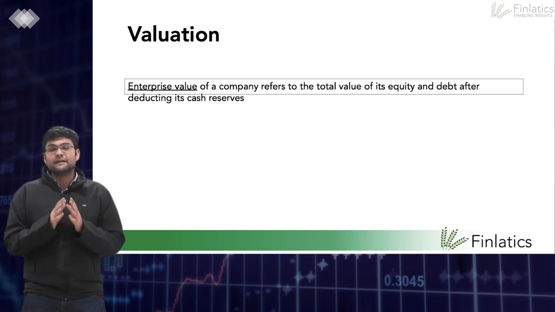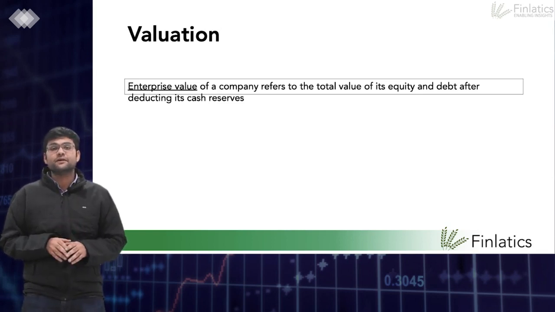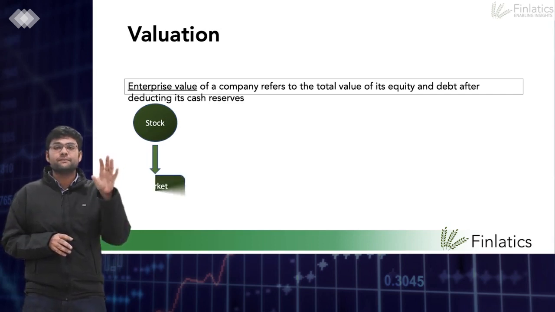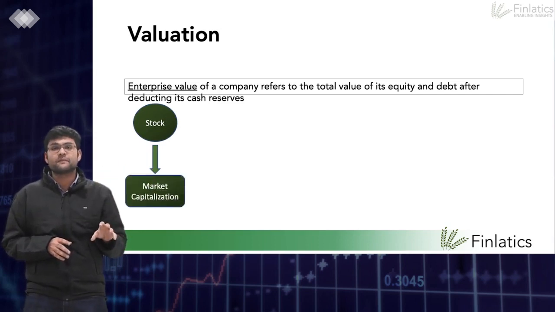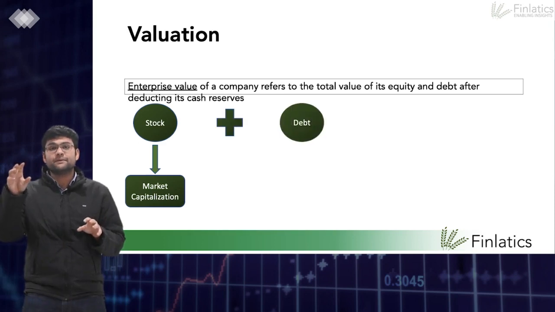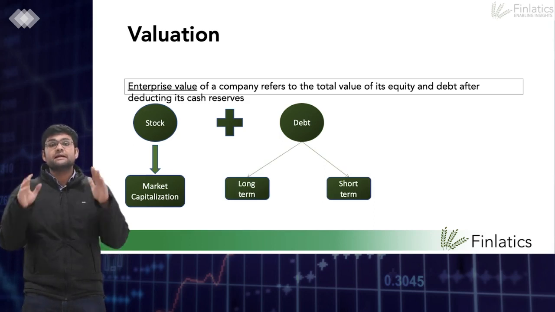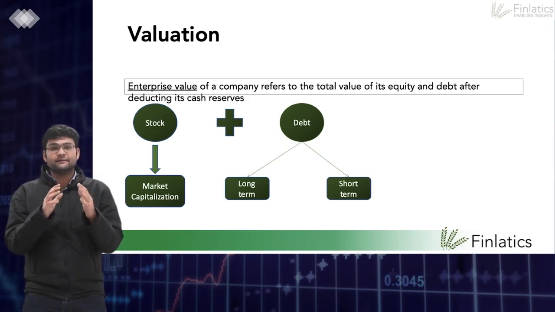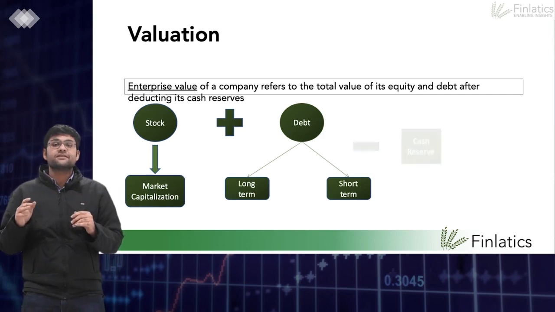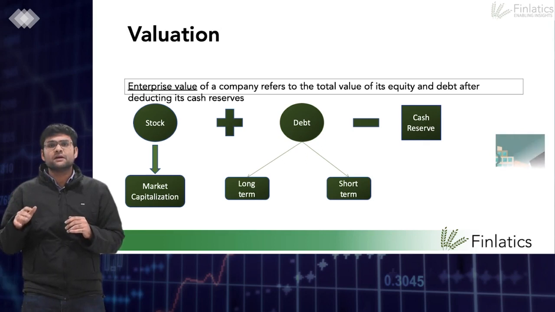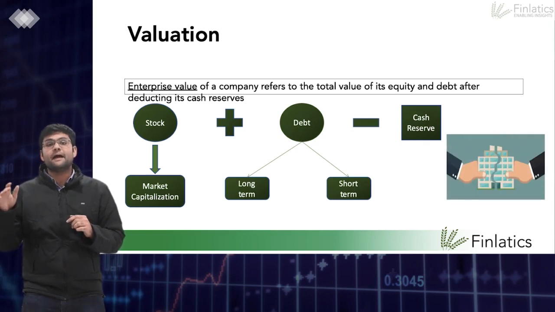Therefore, enterprise value is the value of a company's equity, which is determined by the company's market capitalization, the company's debt, which is determined by both short-term as well as long-term borrowing. These two values are added together. Then cash reserves of a company are deducted from this value to arrive at the enterprise value of a company.